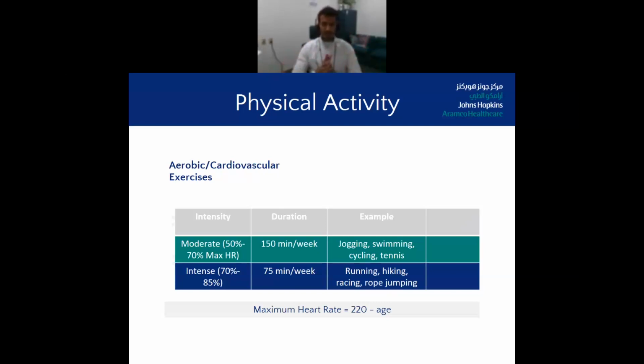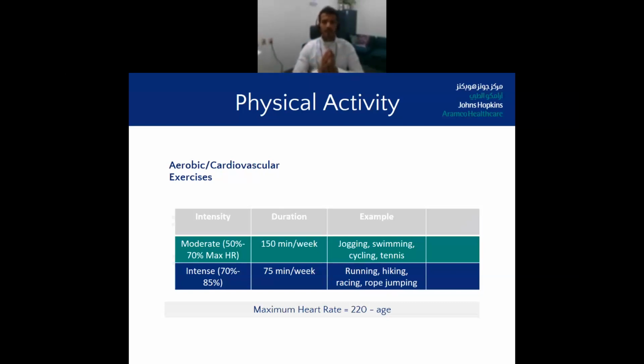and some other sports such as tennis. And if the activity that you're doing is intense, measured by the heart rate, if it's 70% to 85% of our maximum heart rate, we can lower the duration of physical activity to 75 minutes per week.